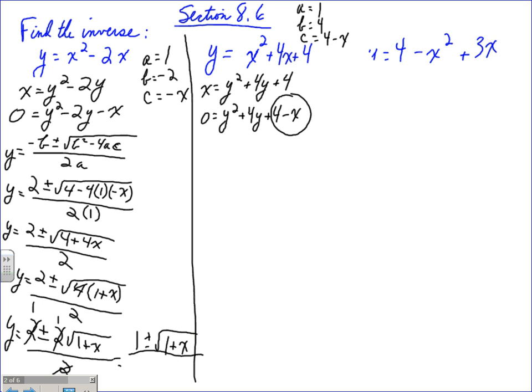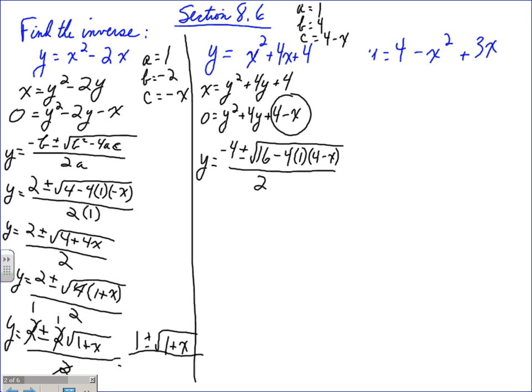Okay. Quadratic formula. Opposite of B plus or minus square root of b squared, always positive, minus 4 a c all over 2a. 2 times 1.